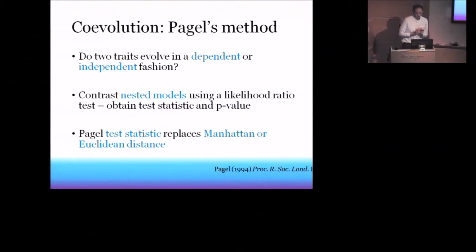The key question in Pagel's method is if we take two traits, and in the initial paper, I don't even remember, but the traits could be the presence or absence of certain physiological structures in charismatic megafauna. But in this case, our traits are simply genes. And so now we ask the question, do two genes evolve in a dependent or an independent fashion?